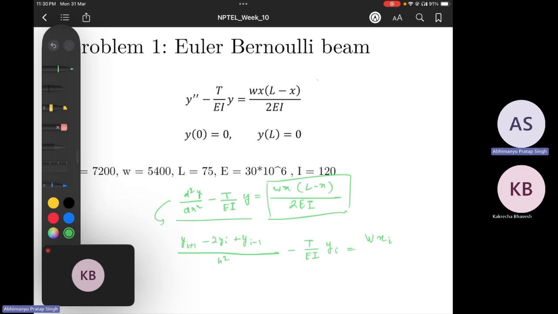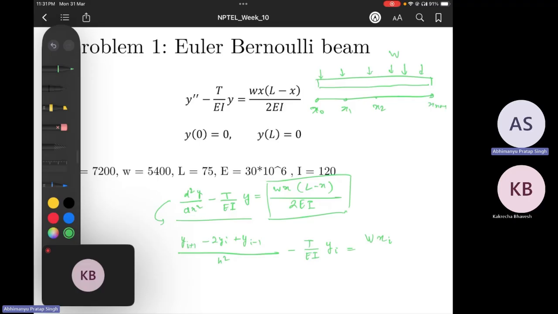Basically what is happening is we have a beam like this, and the beam has a constant distributed load W applied on it. This xi is basically the node location, so this is like x0, x1, x2, like this, up to x(n+1).